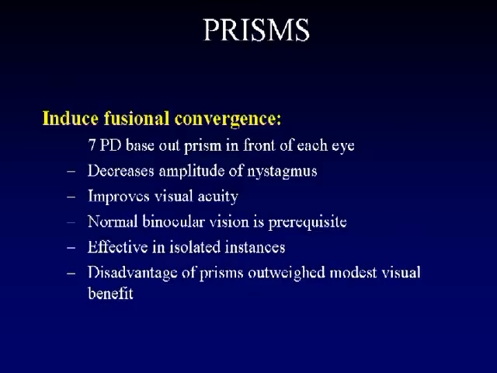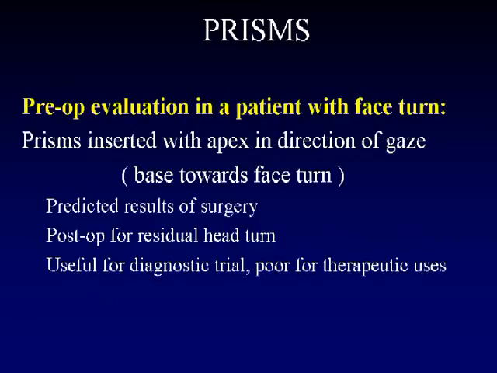But it's very important to do this test before you plan surgery, because the patient may unfortunately start developing intractable diplopia after surgery if you have not done this. In the pre-op evaluation, in a patient with a face turn, the prisms are inserted with the apex in the direction of gaze, that is, the base towards the face turn, and this can help us to predict the results of surgery and estimate the amount of surgical correction, or the dose, which we have to plan.